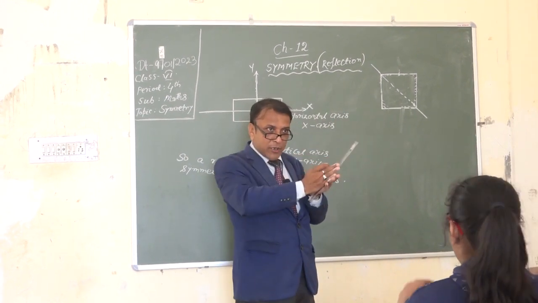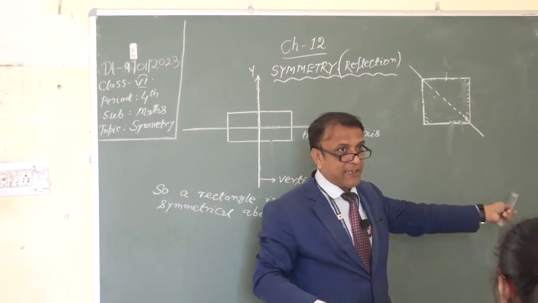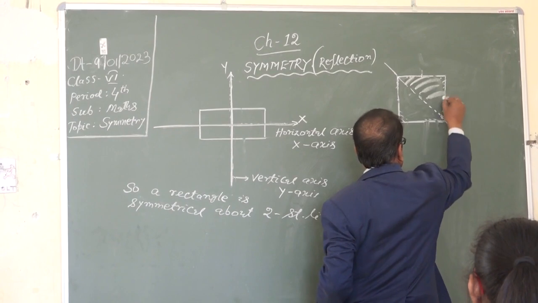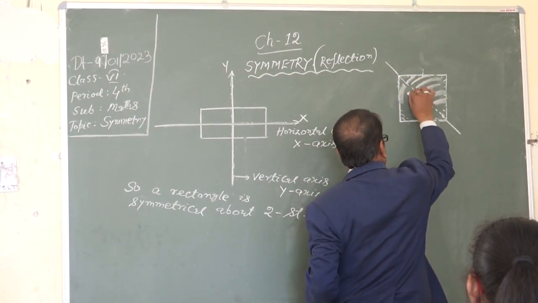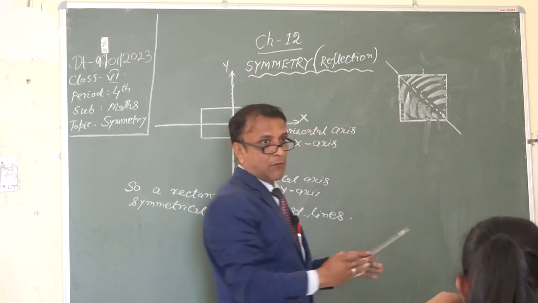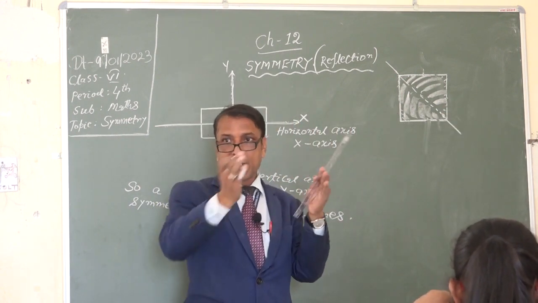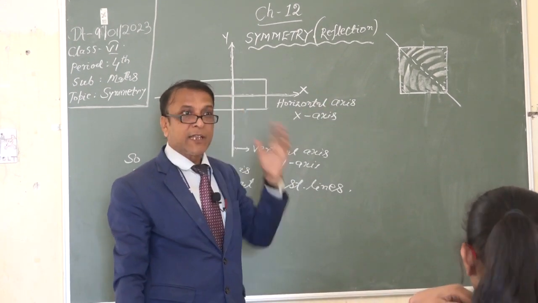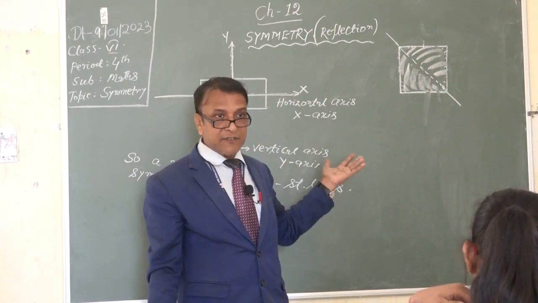If I fold upon this line, then this part exactly will overlap with this part or not? Yes, sir. One part of the paper will exactly overlap upon this part. Yes or no? Yes. That means it is also another symmetrical line.